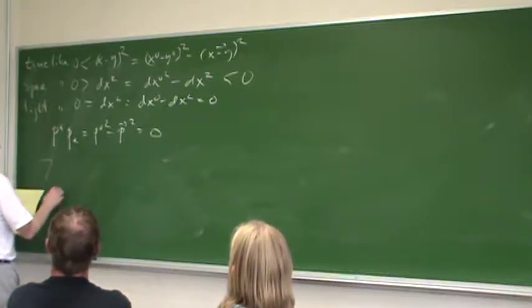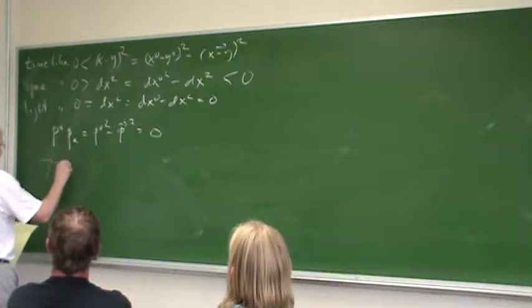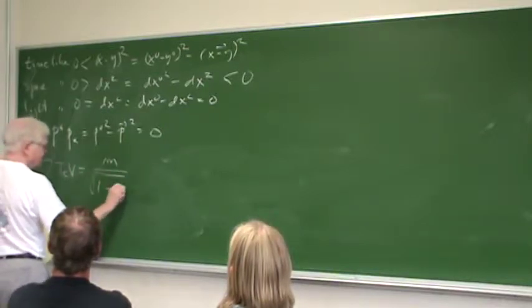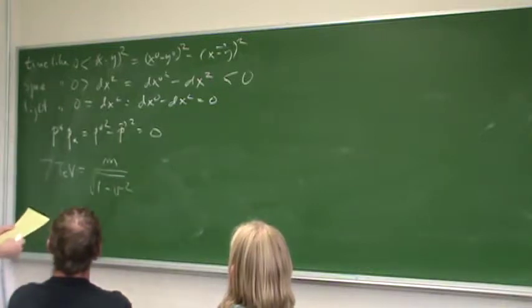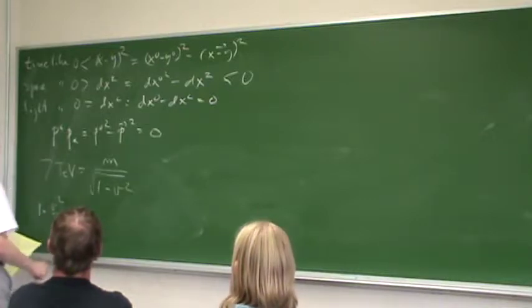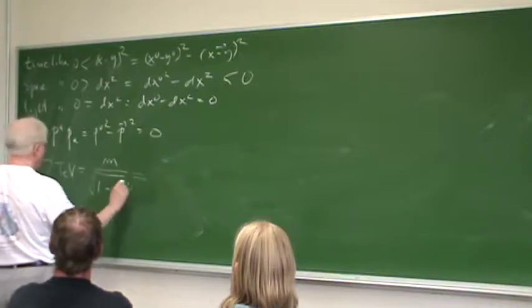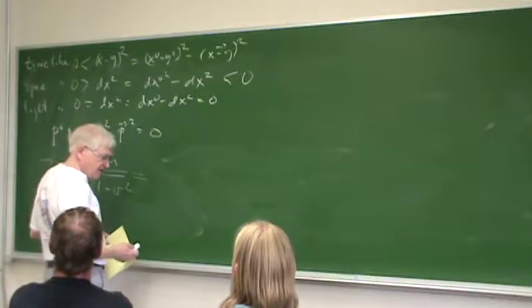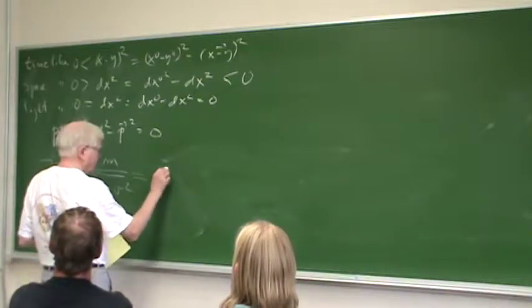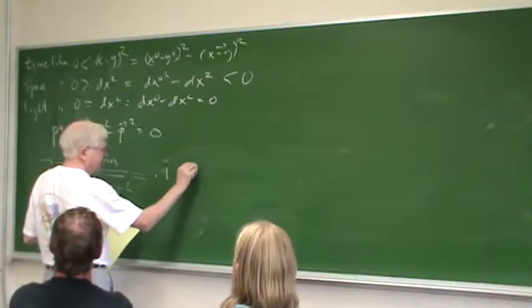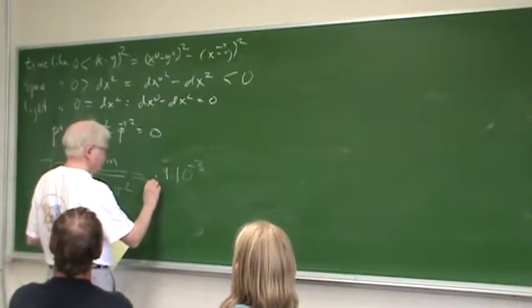So 7 TeV is equal to m over the square root of 1 minus v squared. So that's basically what we've got. And that means then that 1 minus v squared over c squared is equal to, now what is m? M here, if TeV is 1, this is 938 MeV, or let me just say 0.9 GeV, or 0.9 times 10 to the minus 3 TeV.